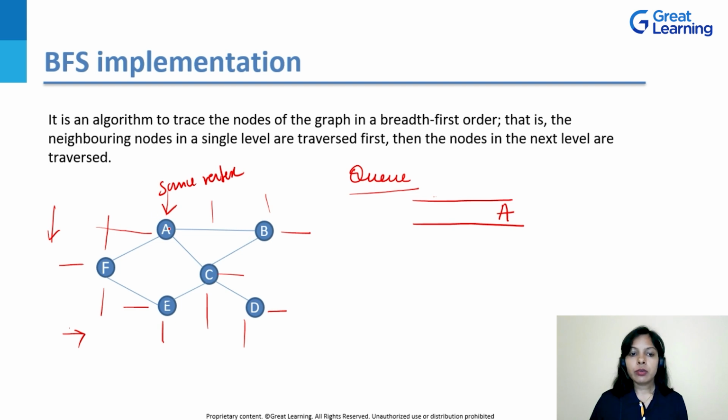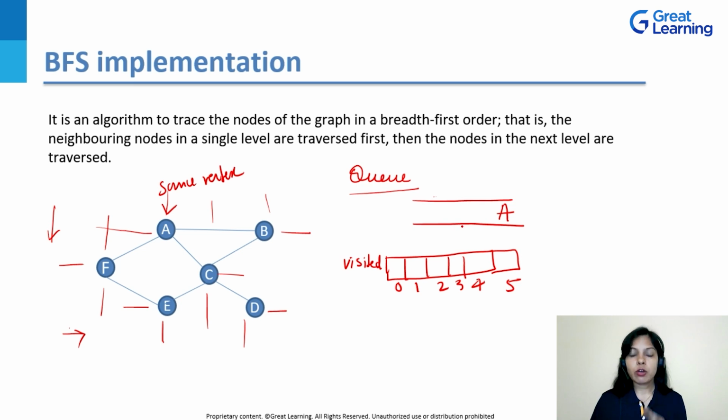Now there will be one more array which will be maintained, and let that array be called your visited array. It will have as many fields to store as the number of vertices. So 1, 2, 3, 4, 5, 6 vertices are there, so 0, 1, 2, 3, 4 and 5. So 0 to 5 is 6, so 6 nodes will be there.